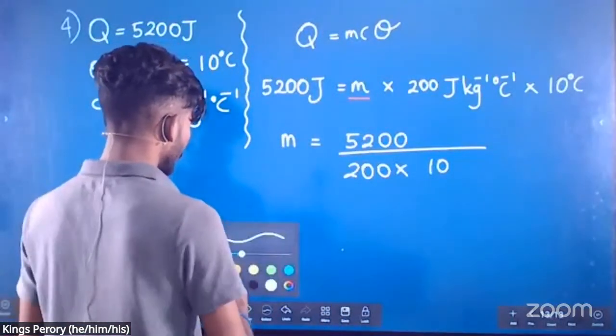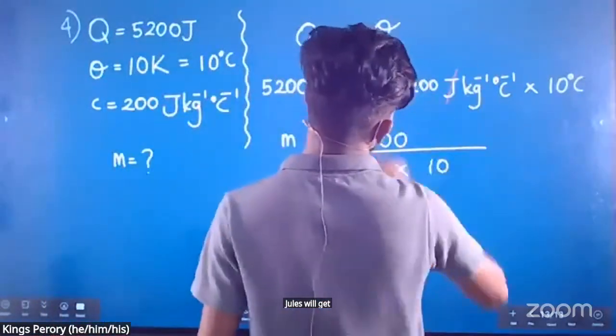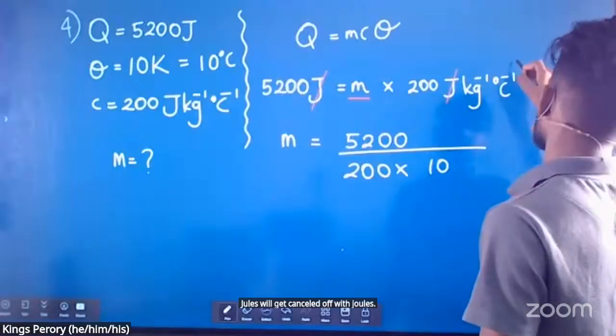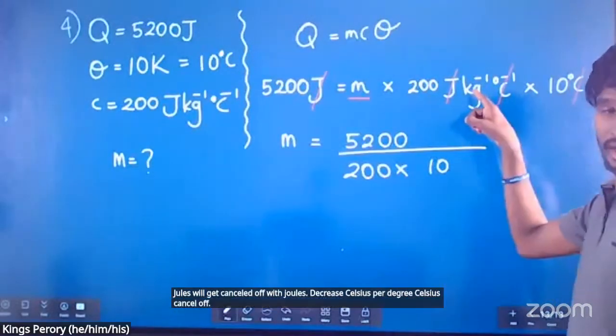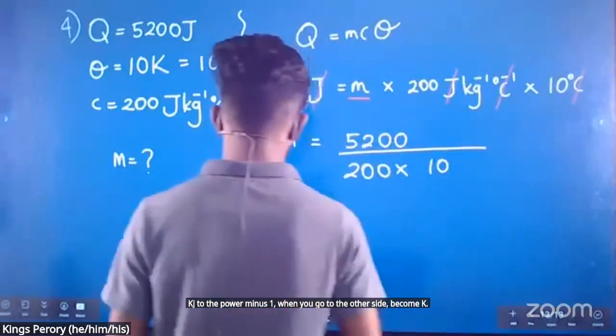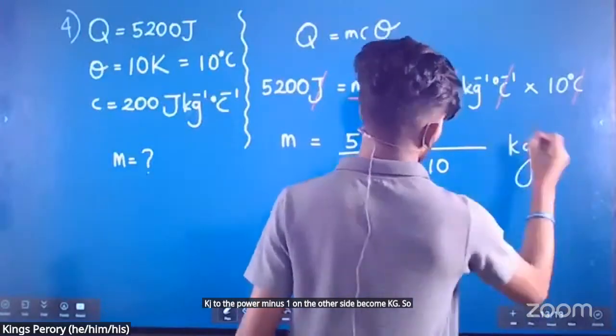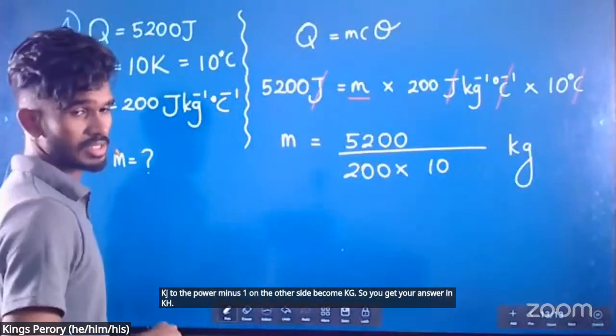All these units will get cancelled off. Joules will get cancelled off with joules. Degree Celsius per degree Celsius cancel off. Kg to the power minus 1 when it goes to the other side becomes kg. So you get your answer in kg, or the mass comes in kg.